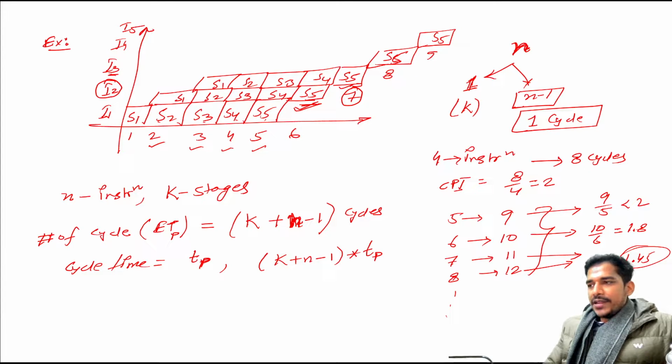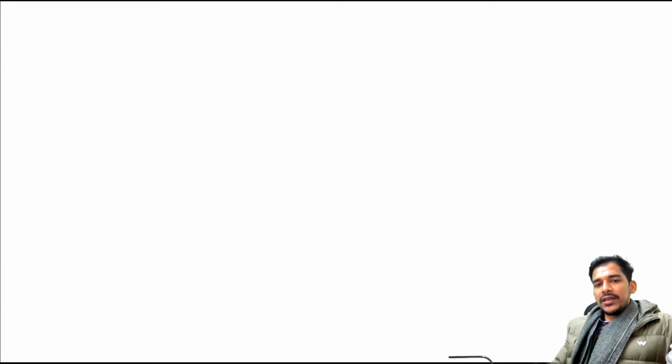That means in the ideal situation the CPI of the pipelining is 1. Ideal condition means that when you have many instructions, millions of instructions, then the CPI of the pipelining will become simply 1.